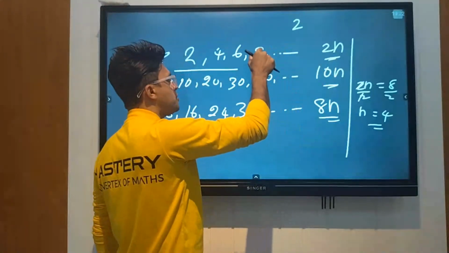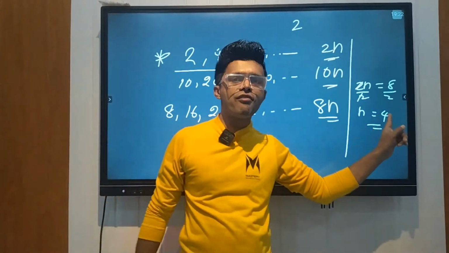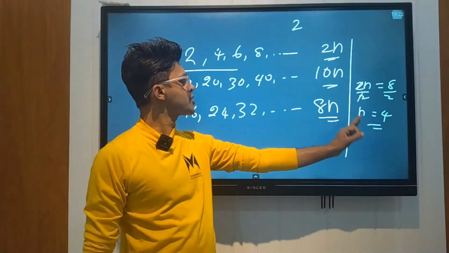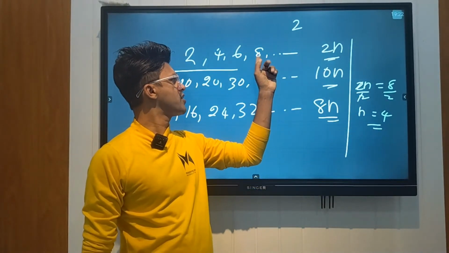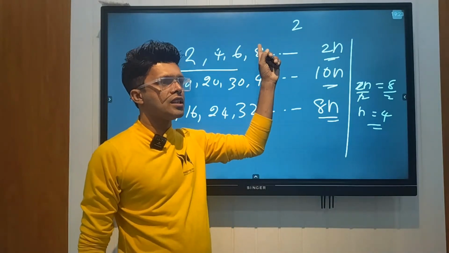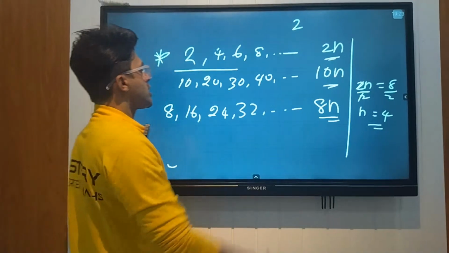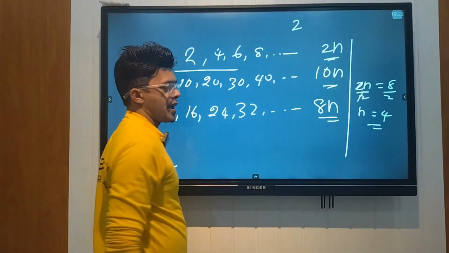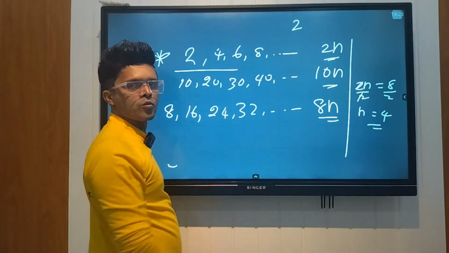The answer is the fourth term. If this is tested, you could set up the equation 2n equals 8, or you could divide 8 by 2.